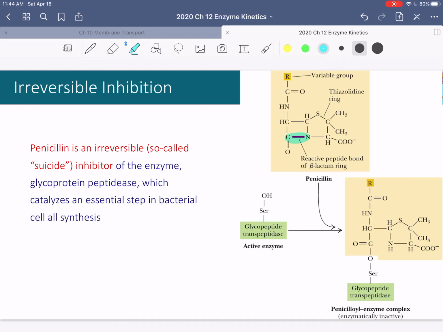The enzyme has an active site serine. We've seen that before. And the serine, which is a nucleophile in its normal role, attacks the carbonyl carbon and forms this ester linkage right here, which is irreversible. And so the enzyme is irreversibly inactivated.